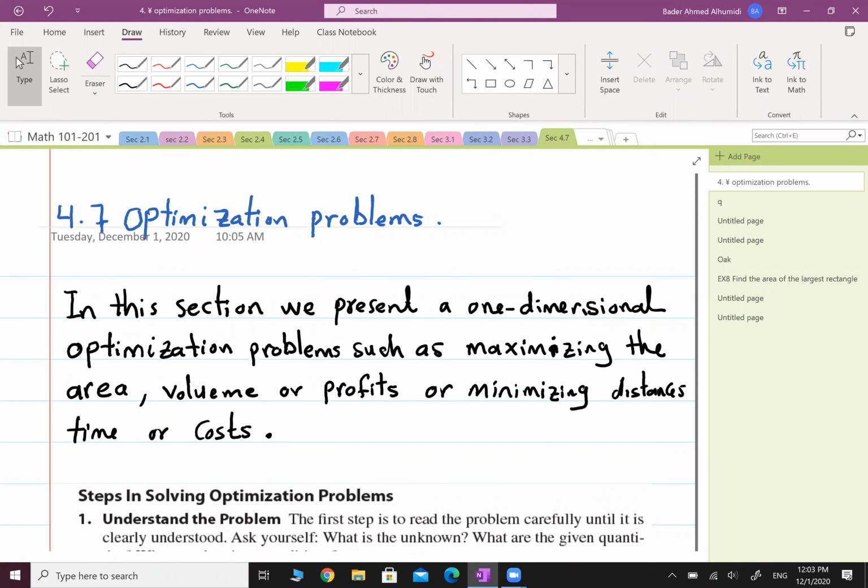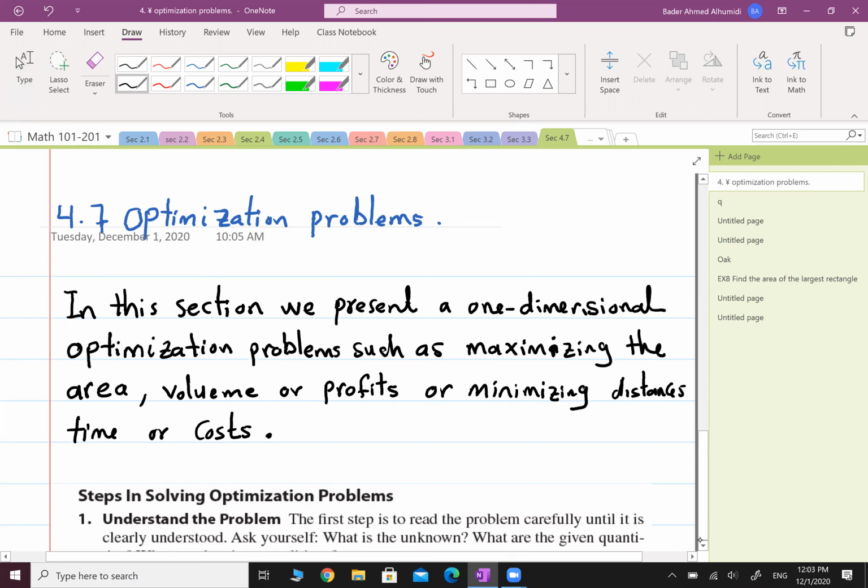After we convert it to mathematics, we will use the ideas of 4.1 up to 4.3 to find maximum and minimum values depending on the question. So here are some hints, or some guidelines, to solve what we call optimization problems.